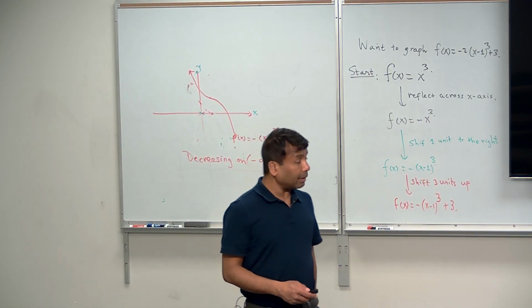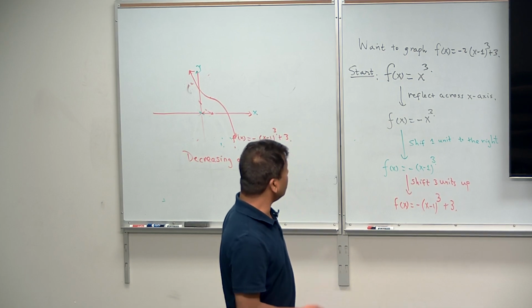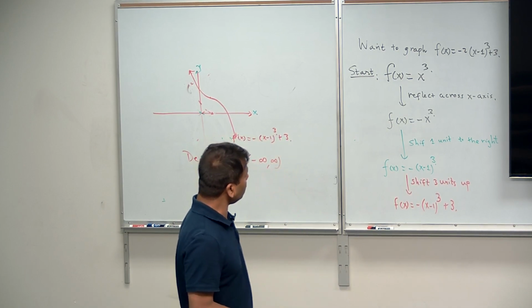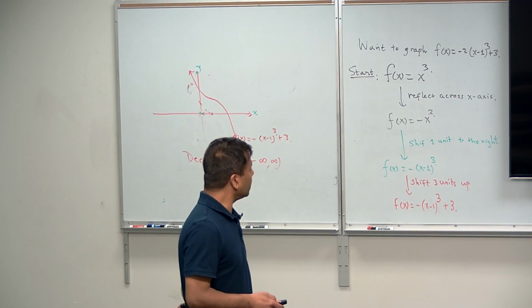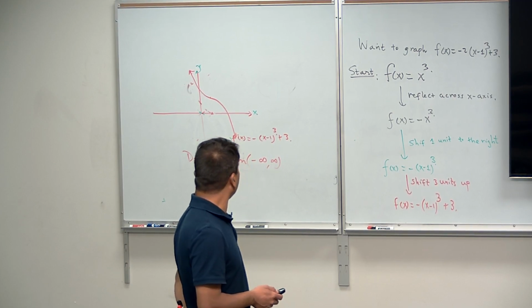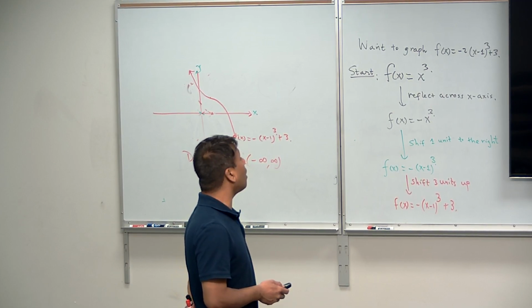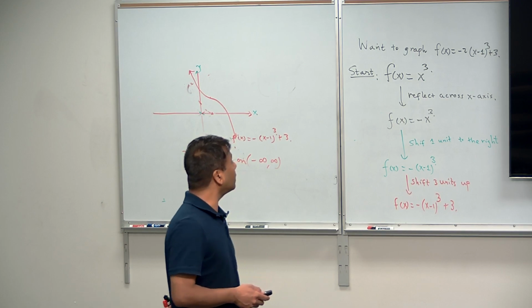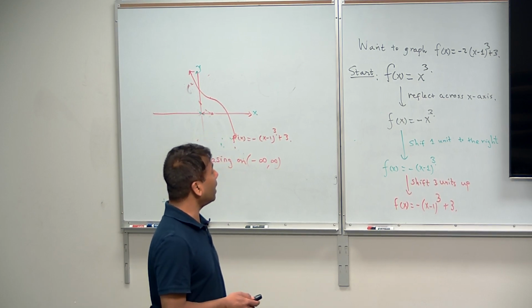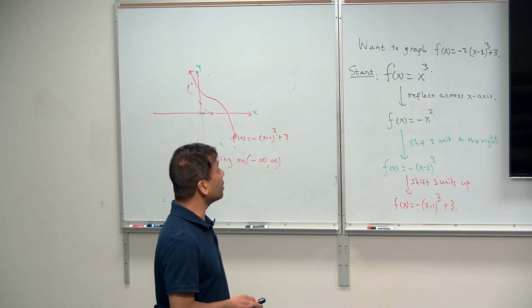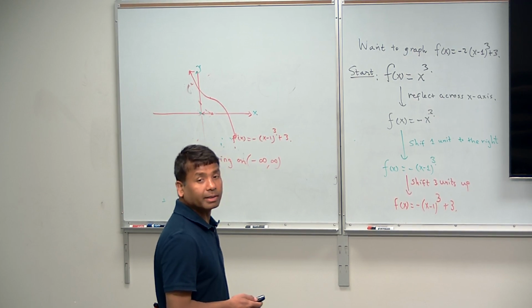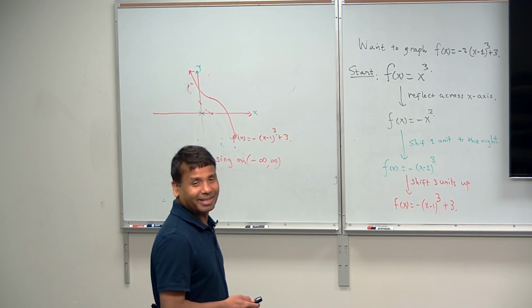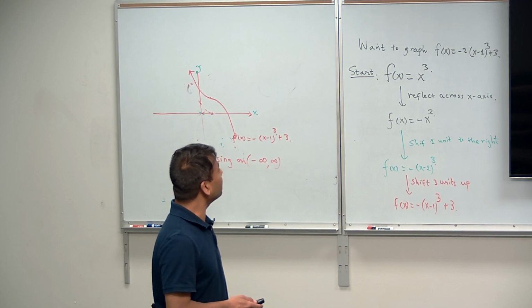So yeah, look at the slides. You can see the better graph. This function is decreasing on its entire domain, right? It's not increasing, it's decreasing. So I don't know why this is showing as increasing. This is decreasing, right? Okay.